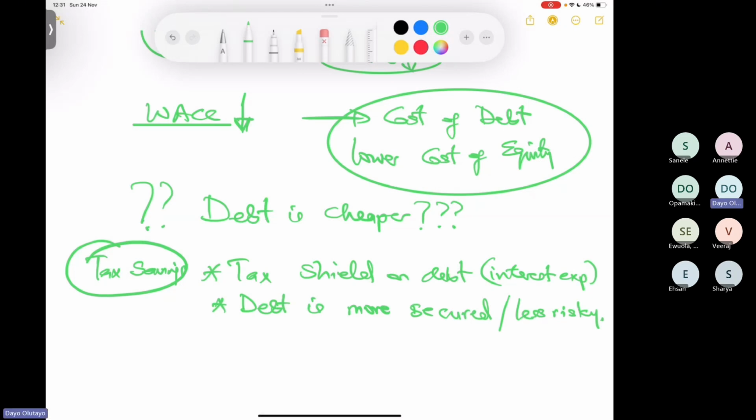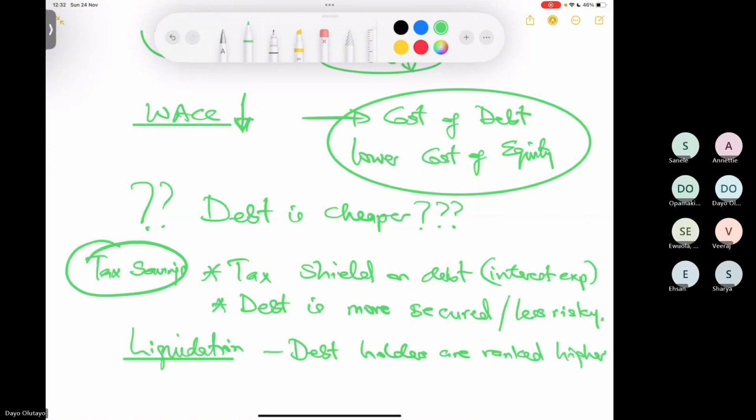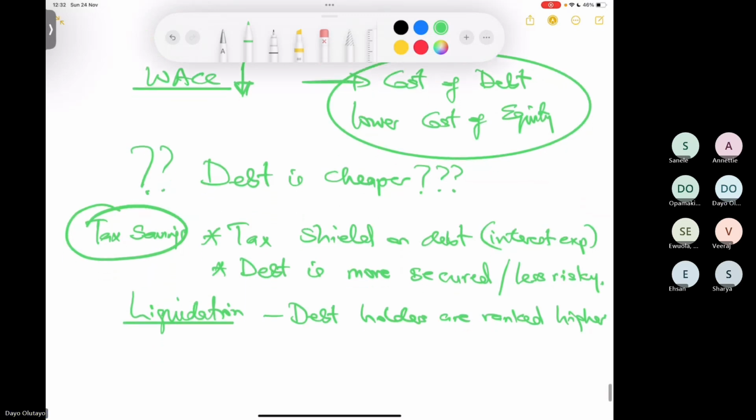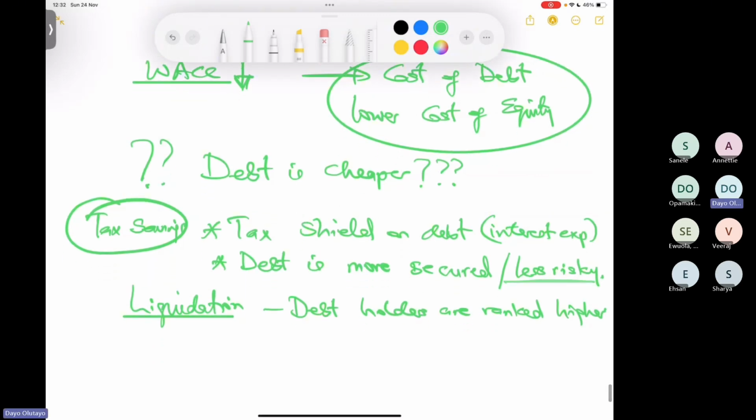Because on liquidation, when you liquidate a company, the debt holders will be paid first before equity holders. So debt holders are ranked higher than equity holders. And because of that, debt is said to be less risky.